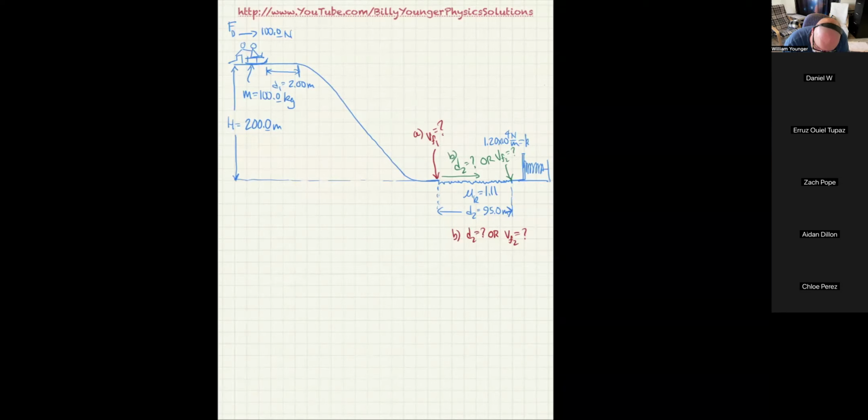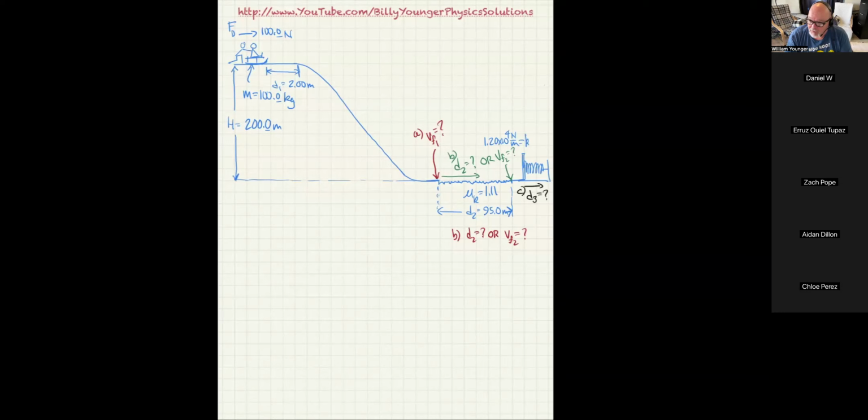And actually, I think I'm going to make that in a different color. I'm going to choose black. And now we're going to say this is D3 equals question mark, and that's going to be part C. So we have a couple different scenarios. We know that the object is at a bare minimum going to make it into the rough patch.